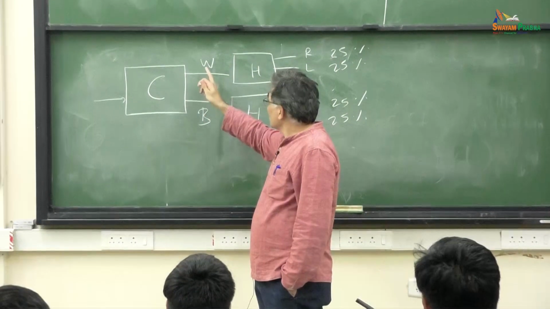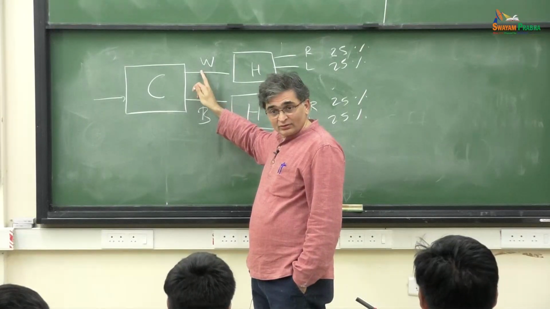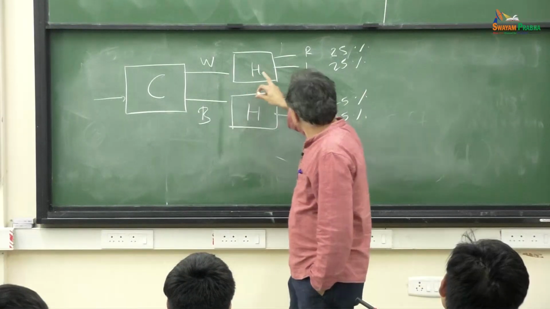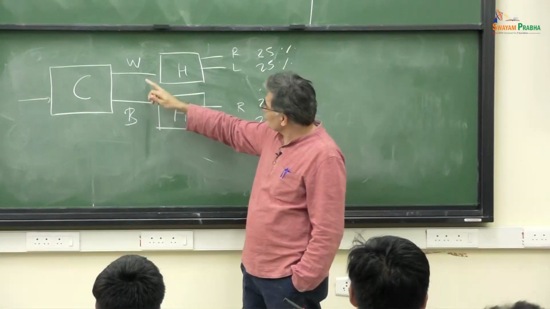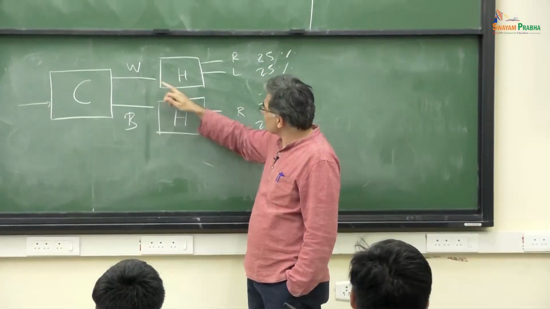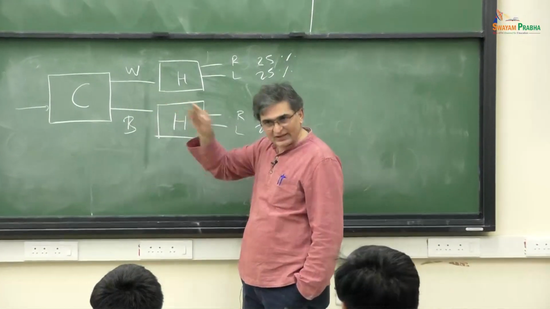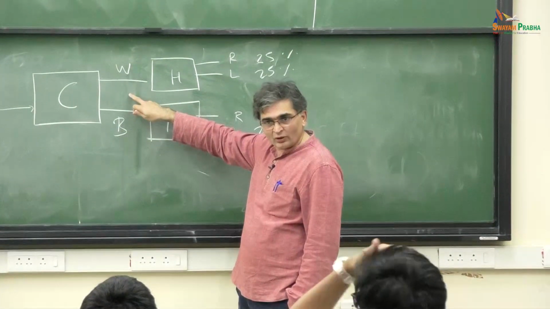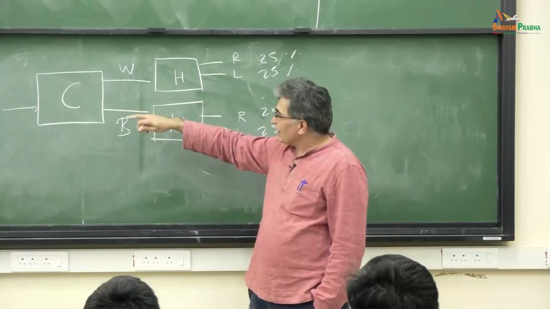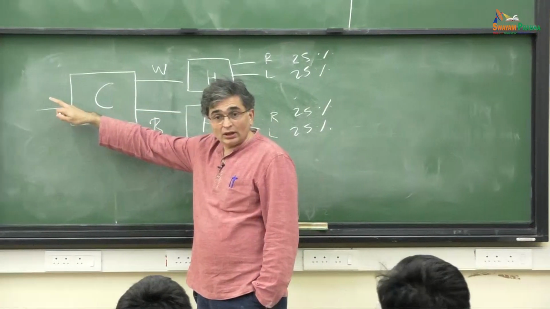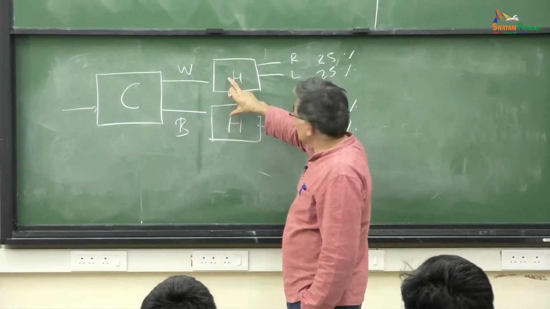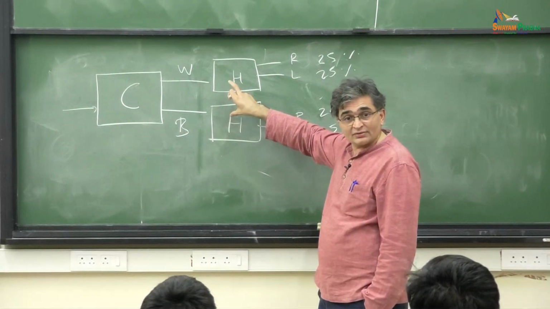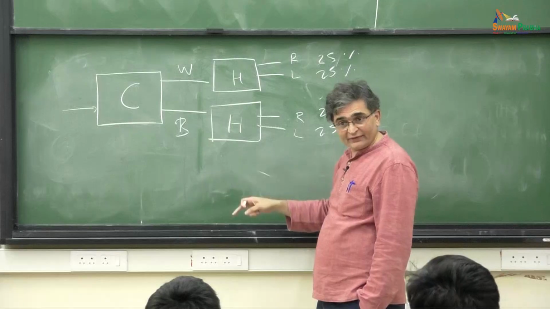Or equivalently, as I told you, we have the power to collect electrons. So I collect all white electrons. You may say that, okay, these are going together. In fact, I can collect all white electrons, put them back here, and then just measure whether they are coming left or right.